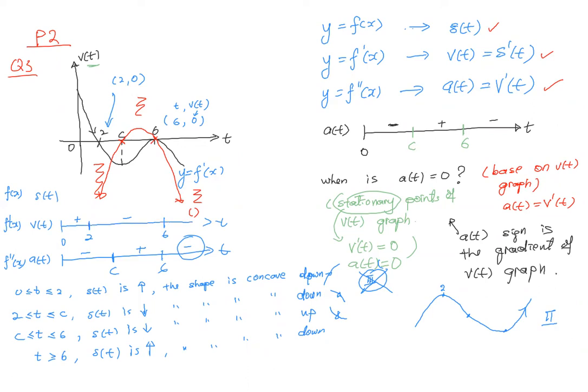Okay, thank you, Miss. This is also negative, because the velocity is also negative. Okay, so concave down, so it go like that. So you see? So all this analysis, you have to be like that, then go down. So number 1.